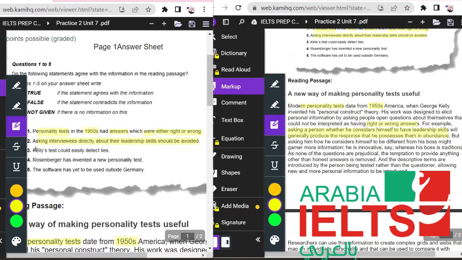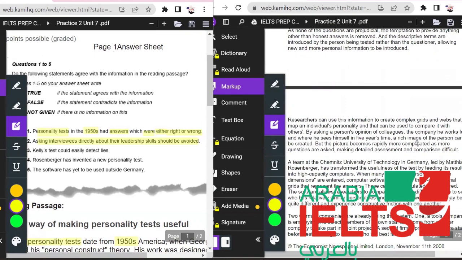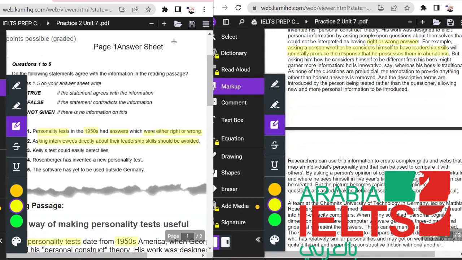Next thing it says, Kelly's tests could easily detect lies. So Kelly's test, this is how they named it in the statement, could easily, these are words that, as we said, detect lies.